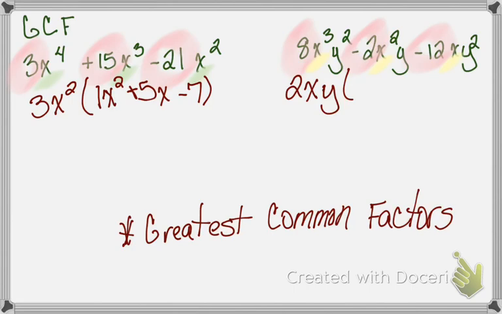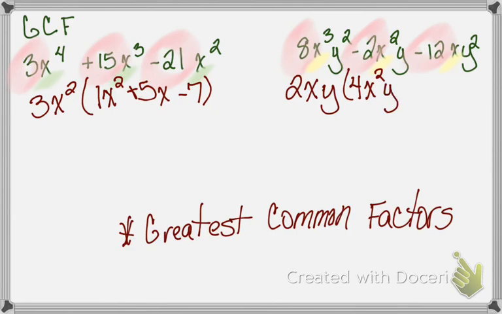Now, there's 3 different things that we're doing here. So don't try to skip them. You've got 2 times 4 gives me 8. X times x squared gives me x to the 3rd. And y times y gives me y squared.